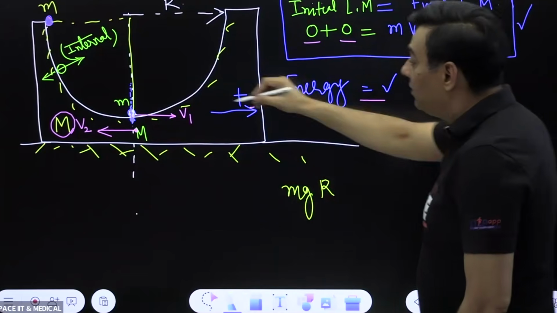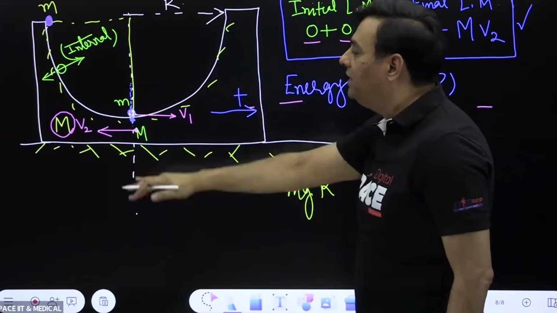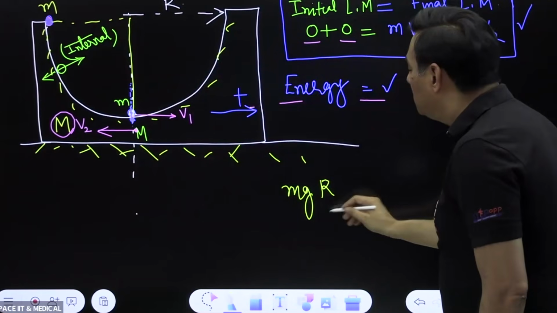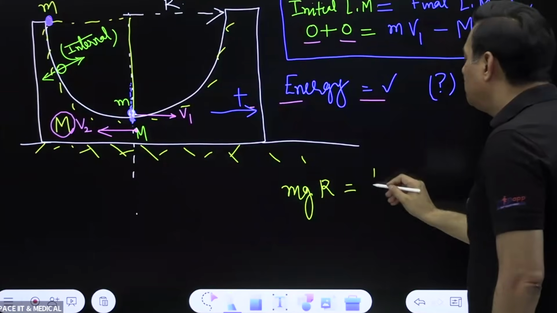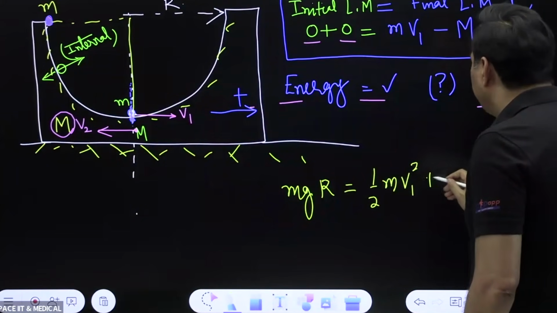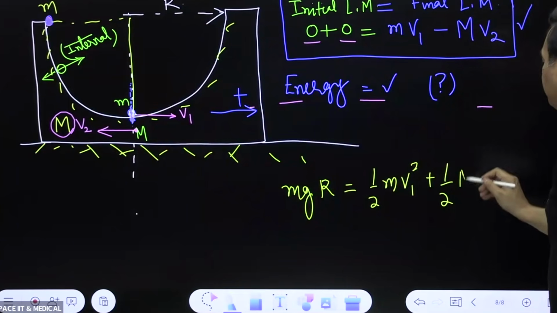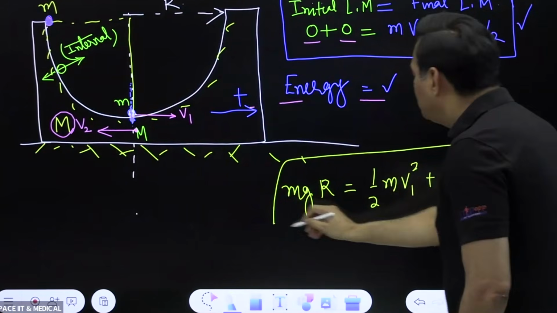Big M has not lost any height. It has not come down or gone up. So total loss in gravitational potential energy should be equal to kinetic energy of the whole system. This should be equal to half mv1 squared plus half Mv2 squared. Is it correct or not? How many of you understood this?